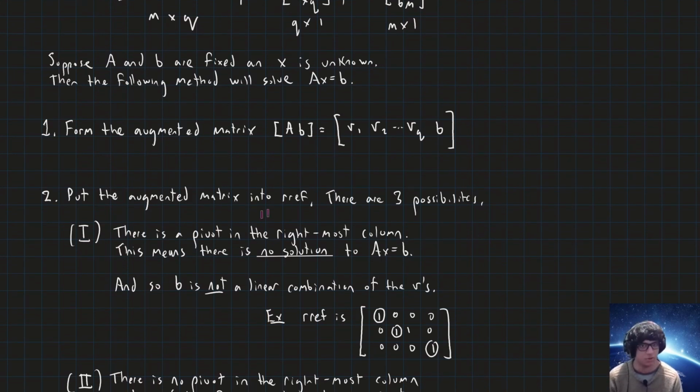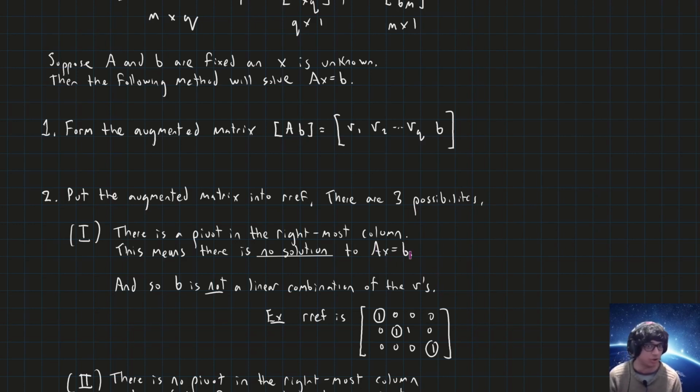The first possibility is that there are no solutions. That occurs if there's a pivot in the rightmost column, the column that used to be b. If that has a pivot in it, that means there are no solutions to Ax equals b.